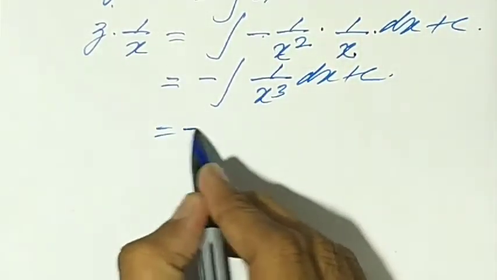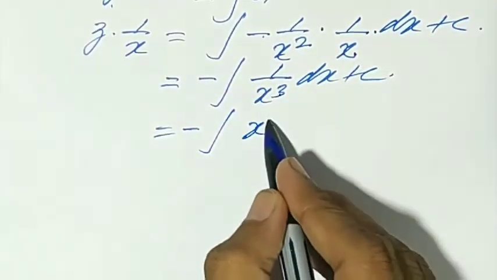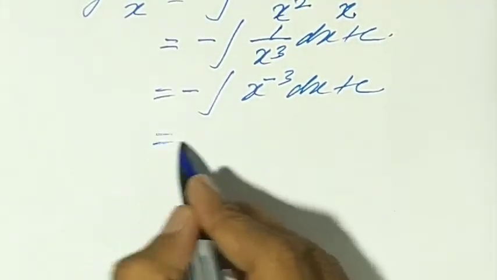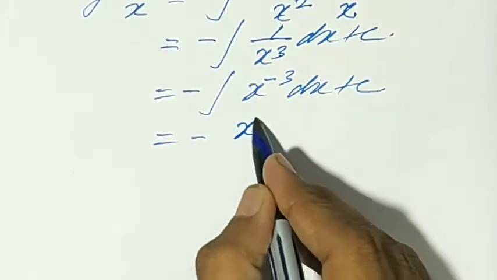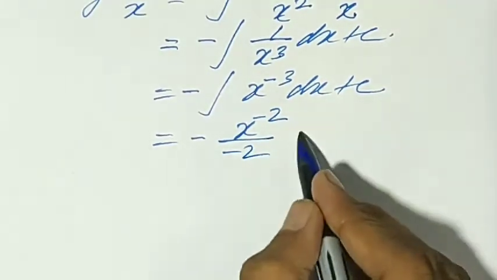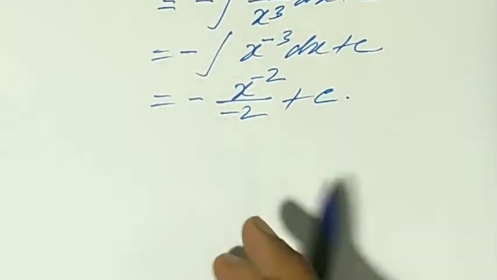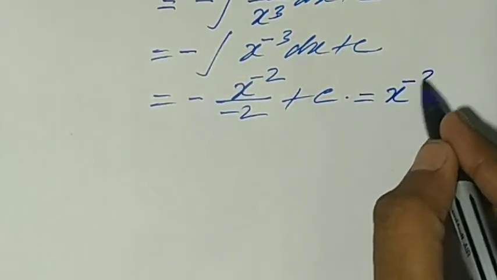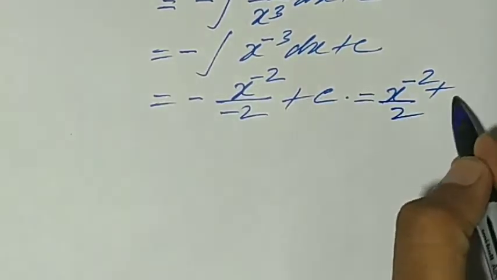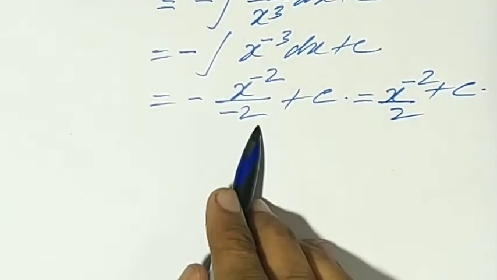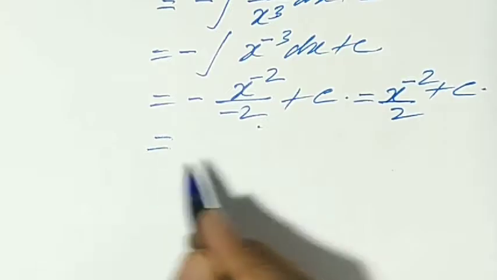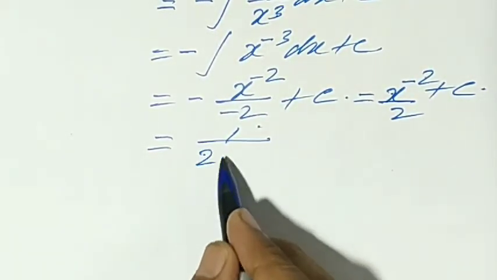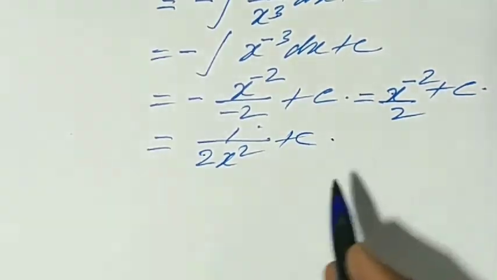So minus integral of x^(-3) dx plus c. Integrating this we get -x^(-2)/(-2) plus c. So these two minuses become plus, and ultimately we get x^(-2)/2 plus c. And obviously x^(-2) may be written as 1/x², so we may write it as 1/(2x²) plus c.